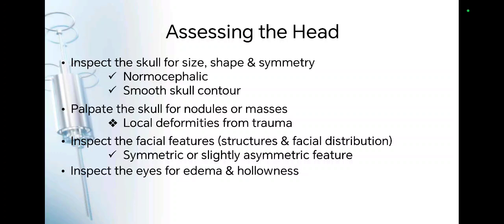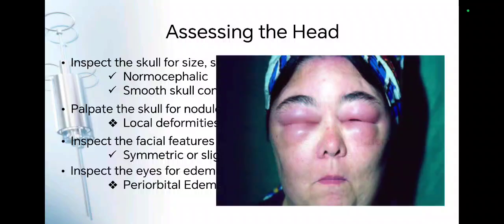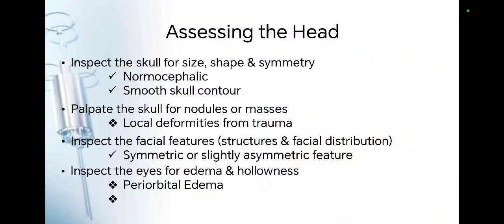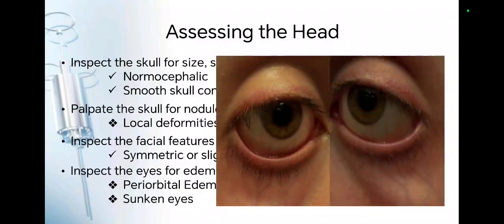Then inspect the eyes for any edema or hollowness, or periorbital edema. We also have sunken eyes, usually seen in children experiencing dehydration. This is actually a warning sign.